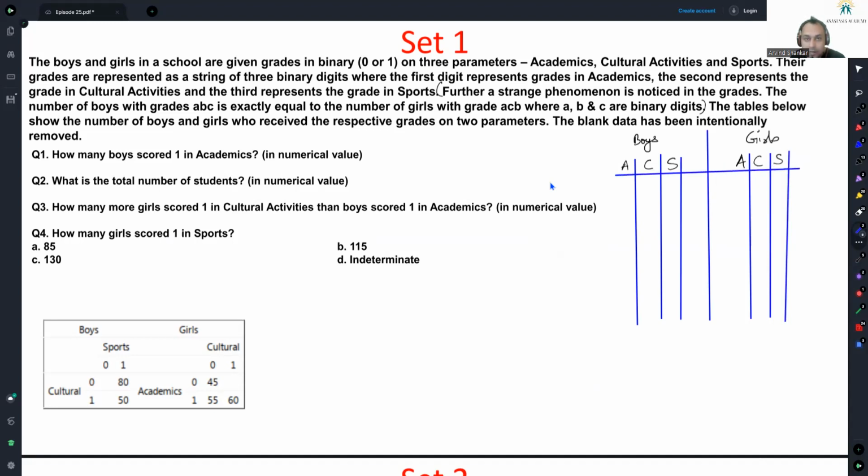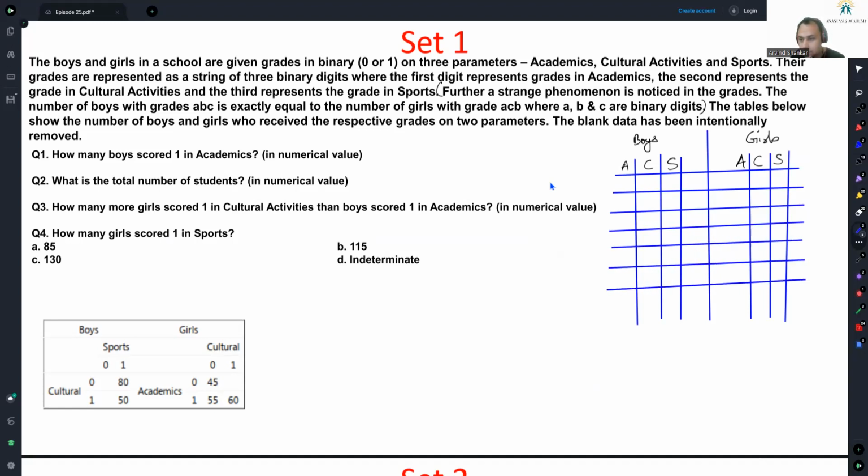Given that there are three heads, academic, cultural, and sports, and three ratings have to be given out, and it is a binary system, 2 raised to the power 3, there will be 8 possible ratings. So let me make 8 rows also.